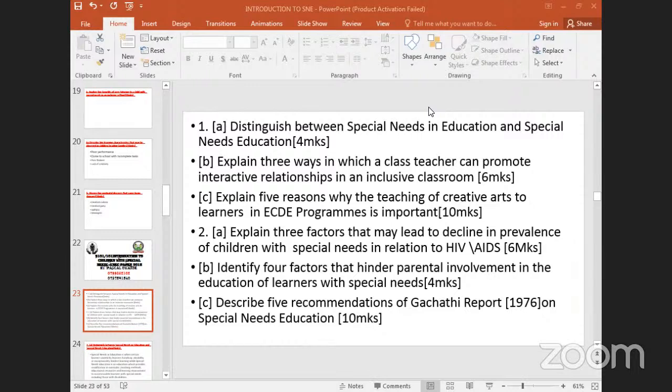Another one, establishment of pre-primary schools within special schools for early educational intervention. The last one, creation of awareness on the part of the public on the cause of disability with a view of facilitating prevention.